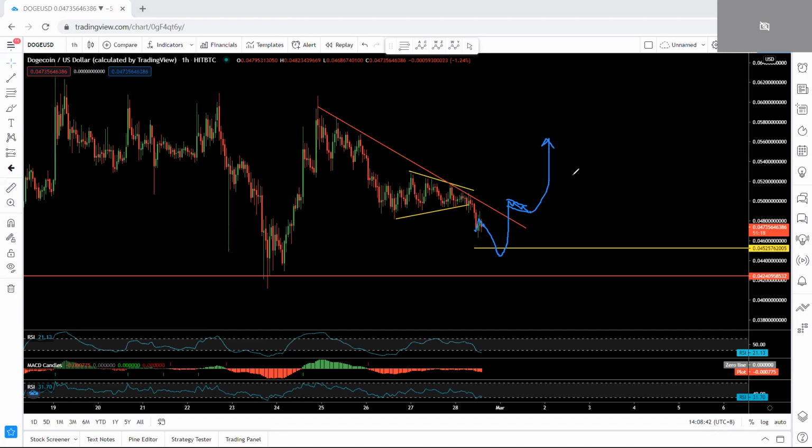We will be more interested in buying. When we're talking about this trade, we consider the price hasn't broken this low. It is still above this line. If the price breaks, then we need to see the entire structure. But right now, any breakout with a flag or correction, we look for a buy.